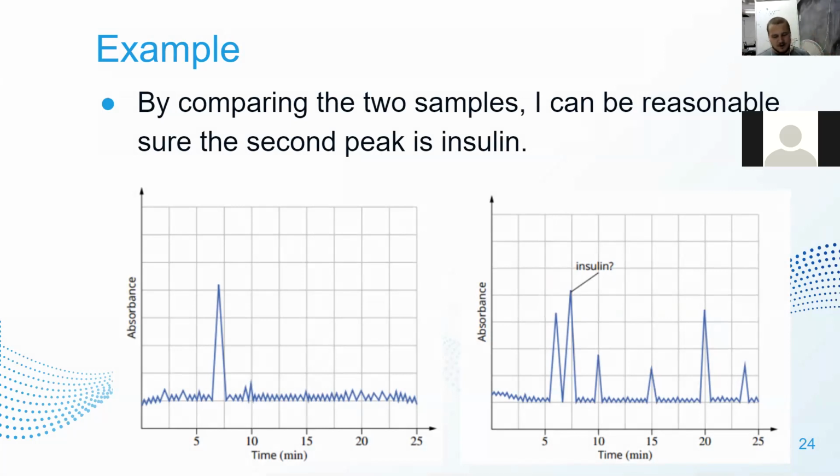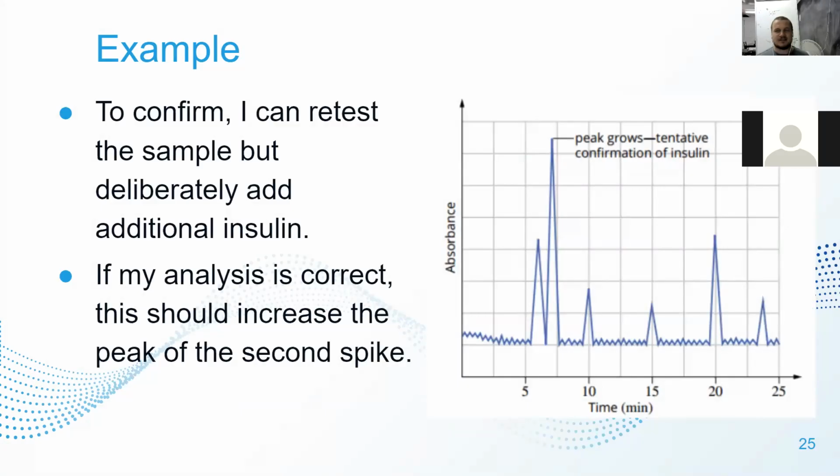Now, to confirm this, what I'm going to do is add some pure insulin into this. By doing that, what we should see is the height of the peak increases. So we take the sample, we add pure insulin, and what we should see here is an increase in the peak size.